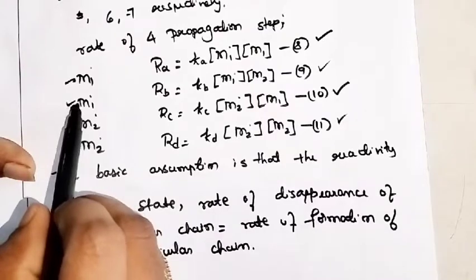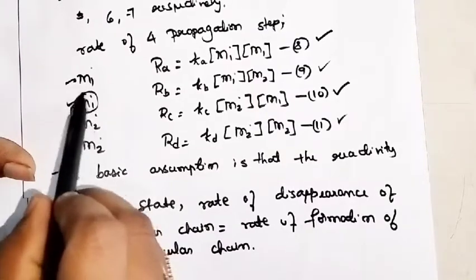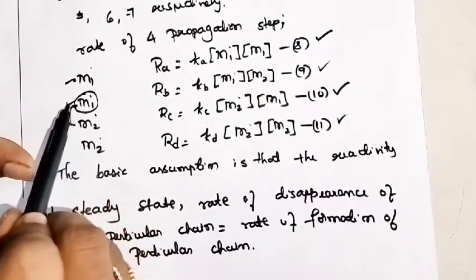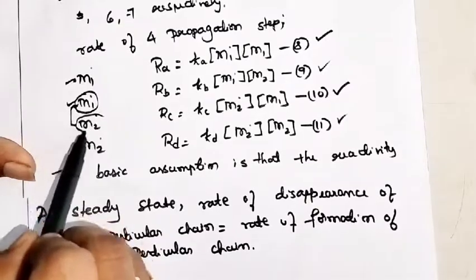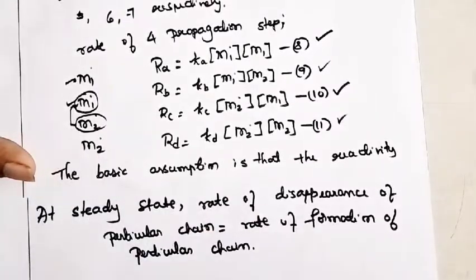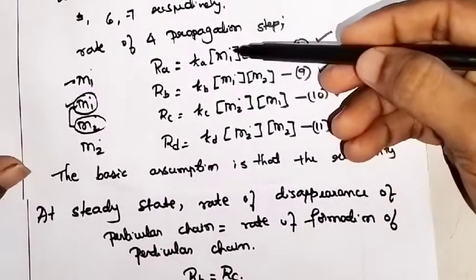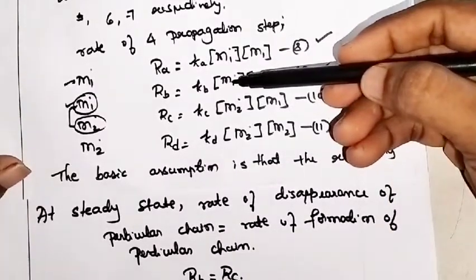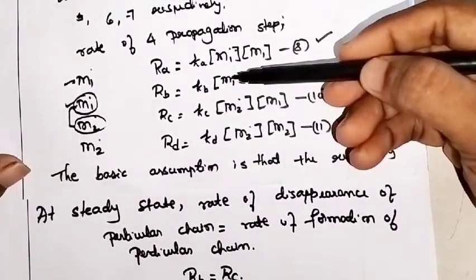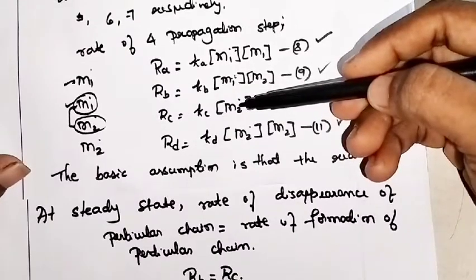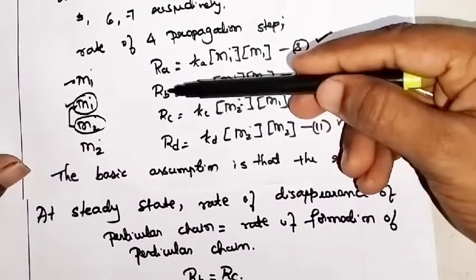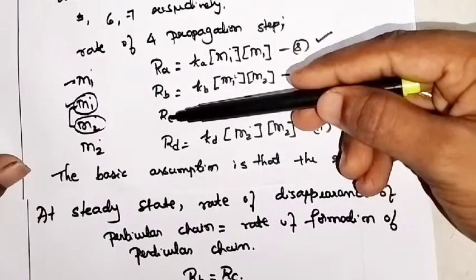So this is the rate at which the particular chain disappeared, and this is the rate at which the particular chain is formed, correct? So you need to consider RB equal to RC. Hope you are understanding. So here also M1 free radical, here also M1 free radical, but once you come down, this is disappeared, this is formed. That is why at the steady state RB becomes equal to RC.